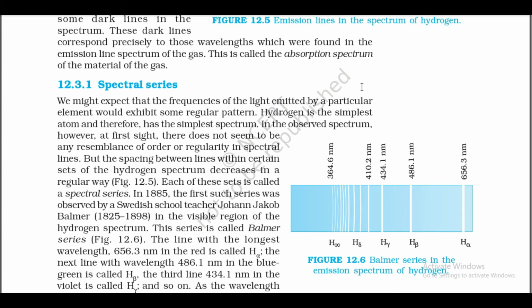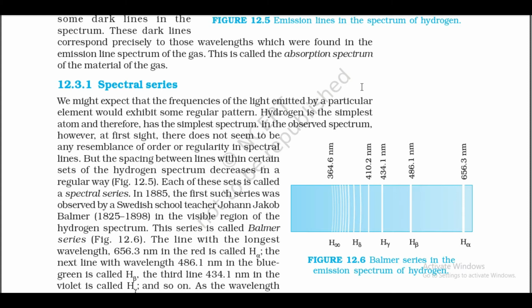In 1885, the first such series was observed by a Swedish school teacher, Johann Jakob Balmer, 1825 to 1898, in the visible region of the hydrogen spectrum. This series is called Balmer series, figure 12.6. The line with the longest wavelength, 656.3 nanometer in the red, is called H alpha.